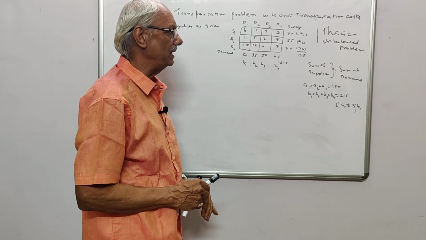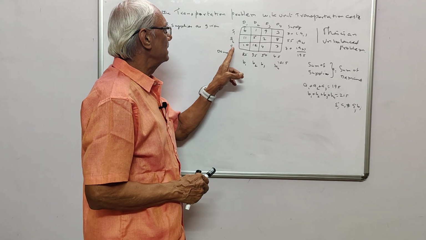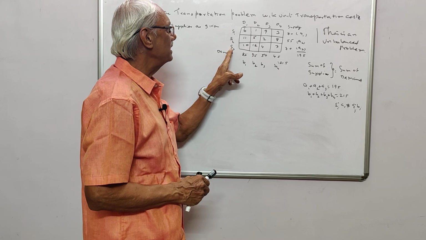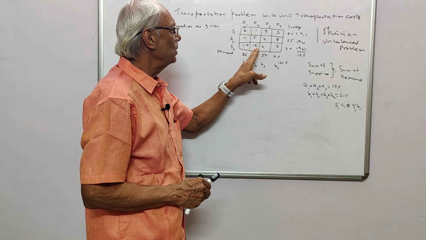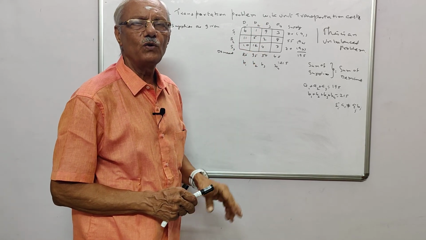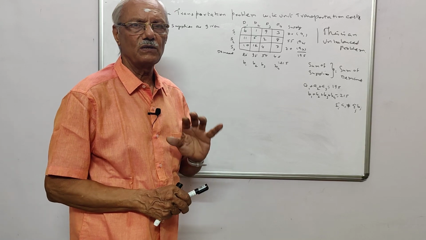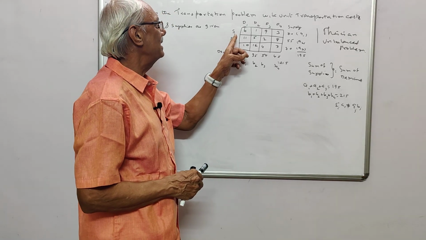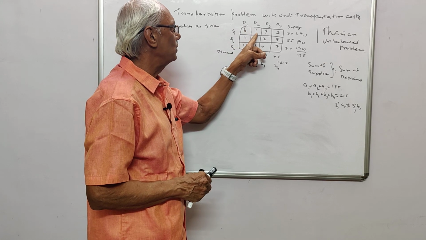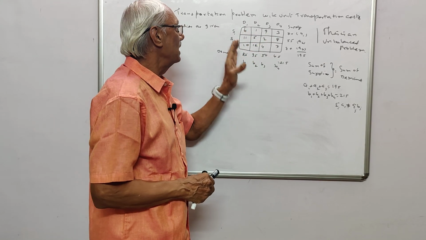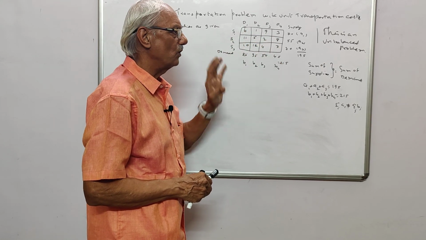Likewise, from S3, if you send the materials to D2, you have to incur an expenditure of 12 rupees per unit. Now S1 can send to D1 or D2 or D3 or D4. Likewise, S2 can send to any of these.